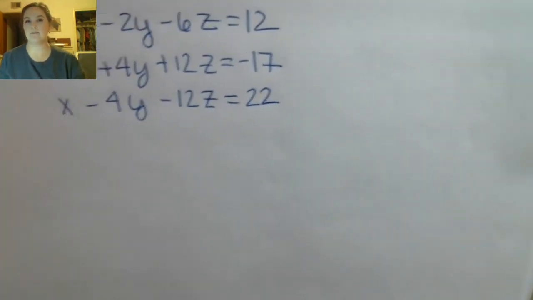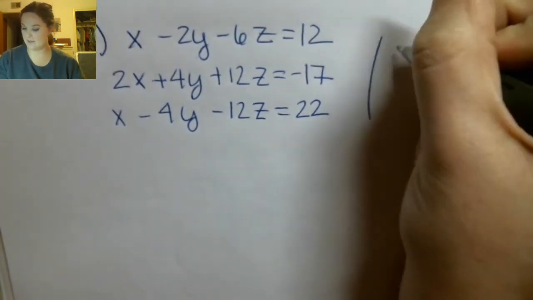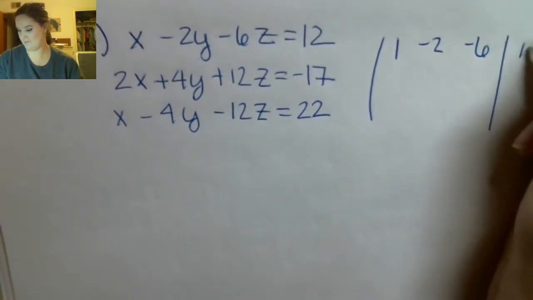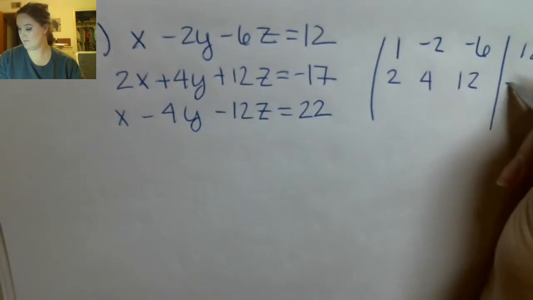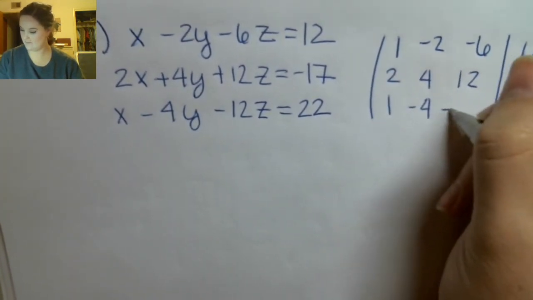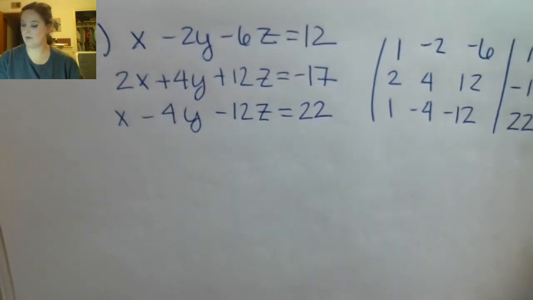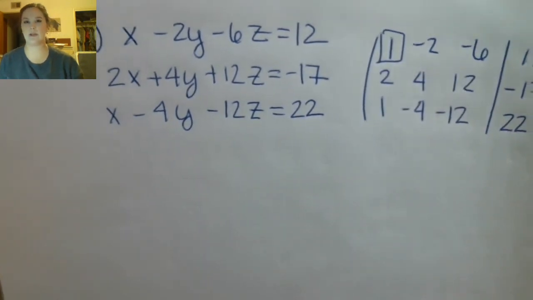Okay, there we go. So we're going to turn this into an augmented matrix. Okay, so we're going to start in the top left corner and use division to make it a 1.